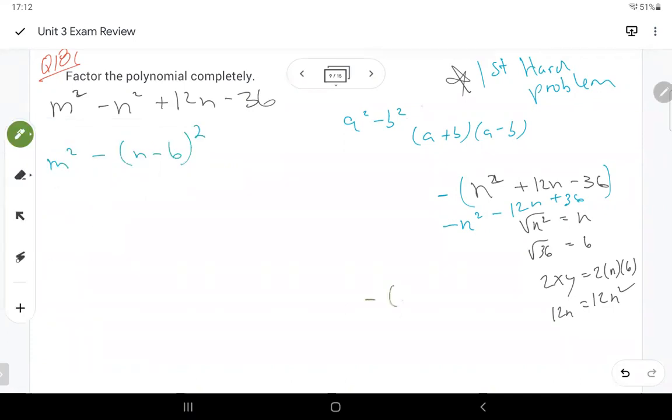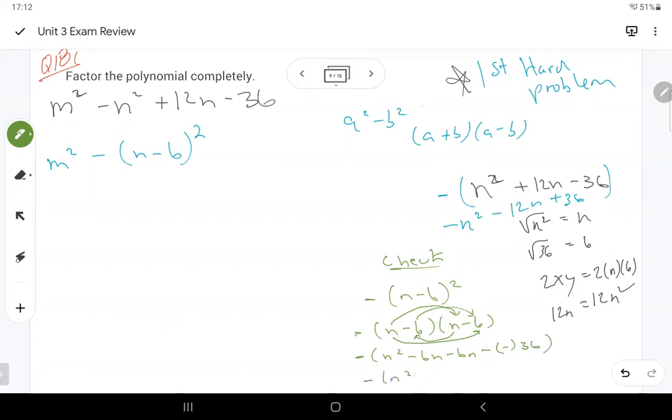So if we have negative out front, this is just to check this portion. We get first, which is n squared, outer, which is minus 6n, inner, which is minus 6n, and last, which is negative times a negative, 36.